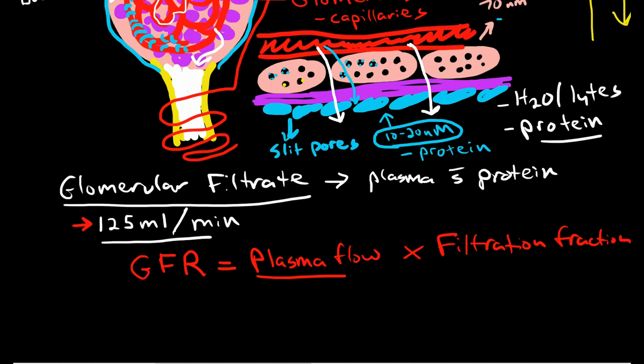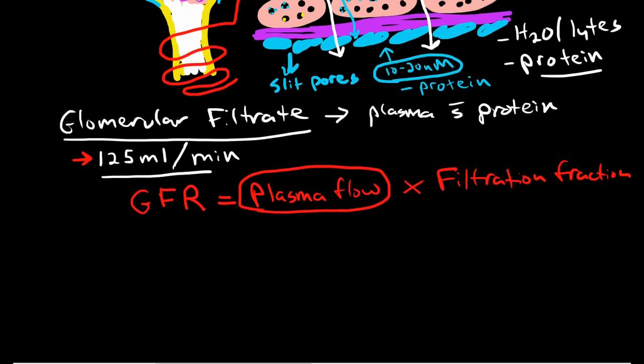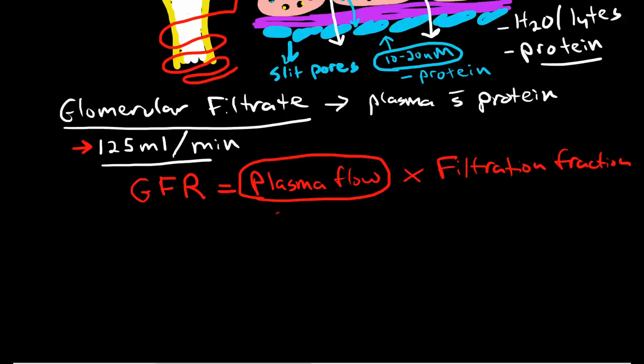Now, what is renal plasma flow? Well, plasma is about half of blood, right? So 50% of blood is plasma. So plasma flow is going to be 50% of the blood flow through the kidneys.